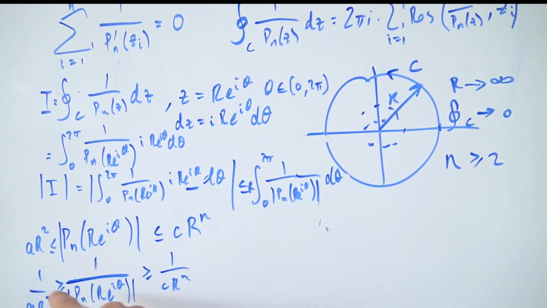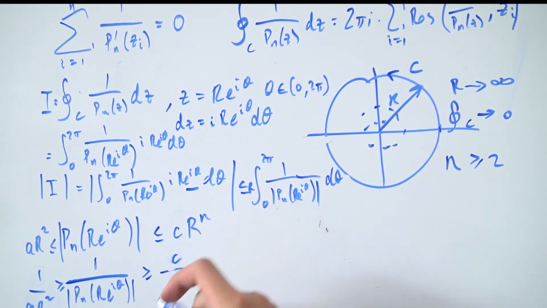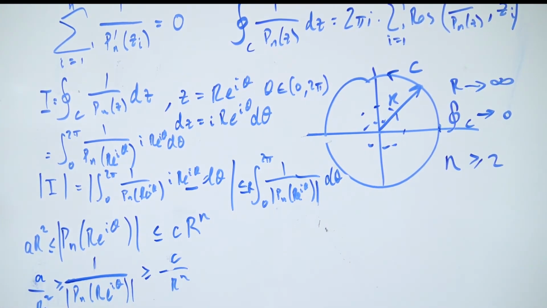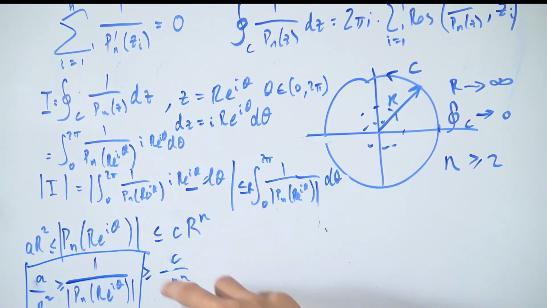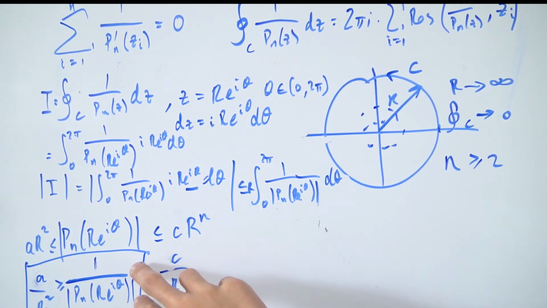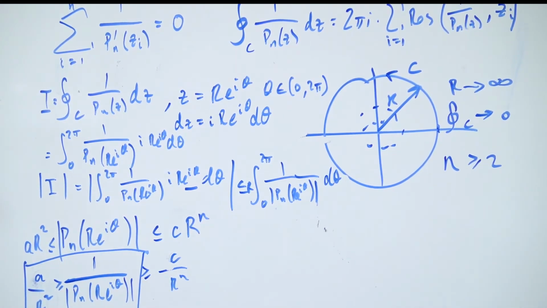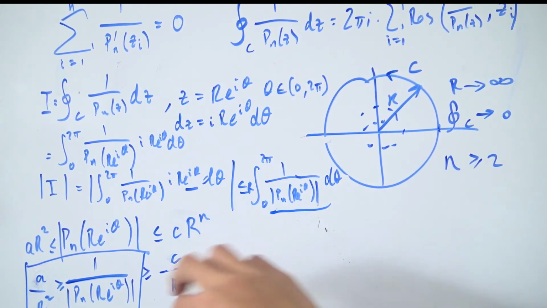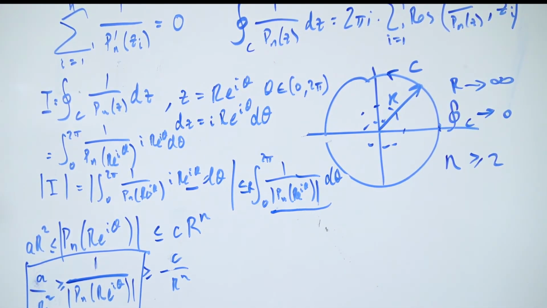Since a and c are just random real constants, let's bring them up to the top. It really doesn't matter what constants they are. The main part we're going to focus on is this boundary, because 1 over this polynomial is always less than or equal to a over some r squared. So if this thing inside the integral is always less than or equal to a over r squared, then we can further bound our integral.